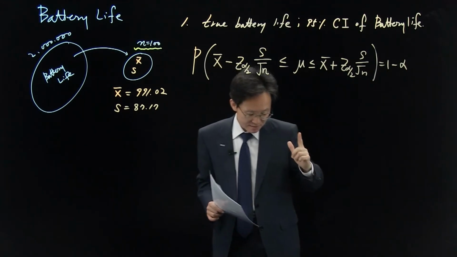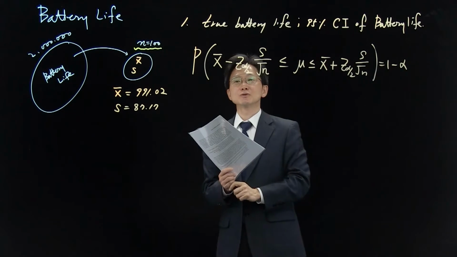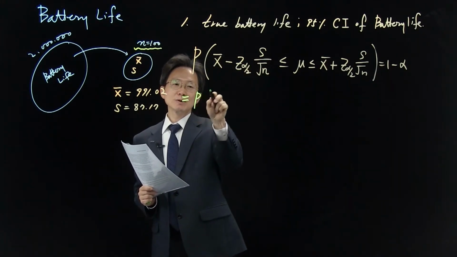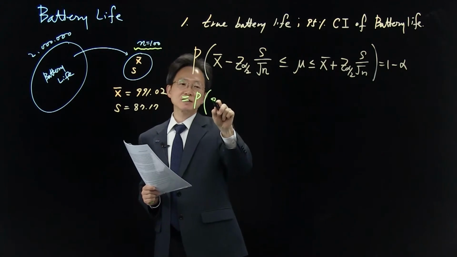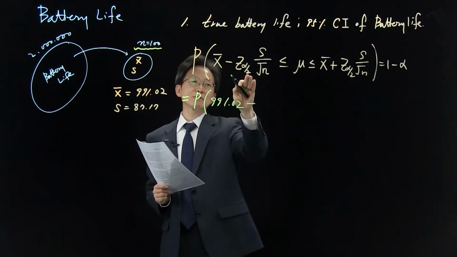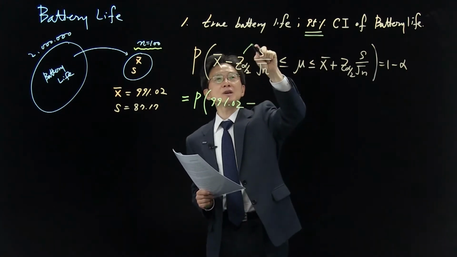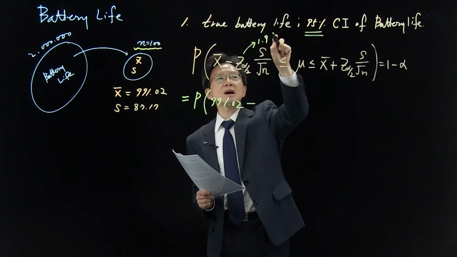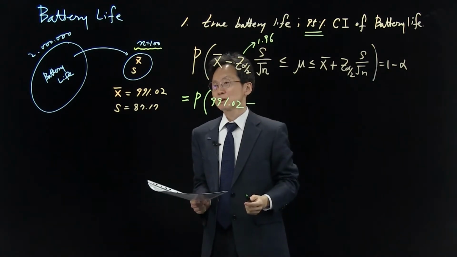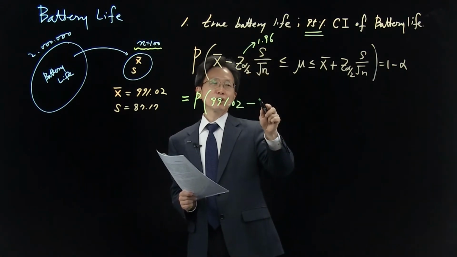If this is the case, how can you calculate these numbers? Why don't I go ahead with you? Because we already know these values. For example, we already know x bar is 991.02 minus z alpha over 2. We want to have 95%, so it should be 1.96, assuming that we can use a normal distribution or at least an approximation of a normal distribution.